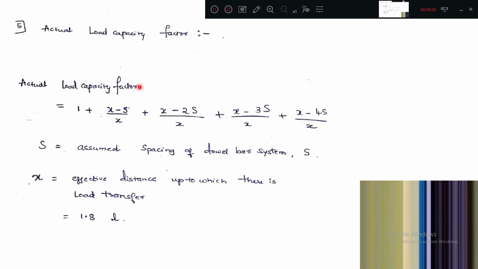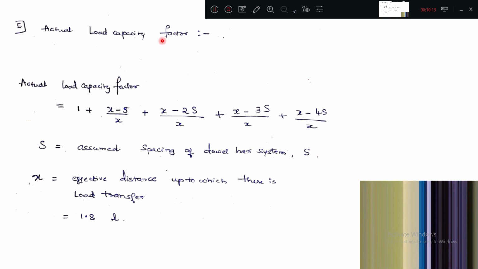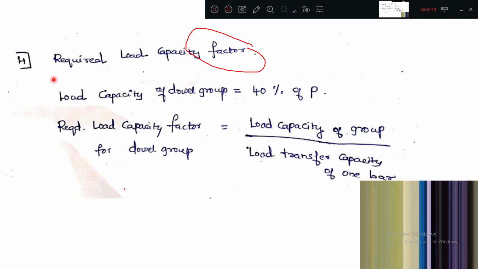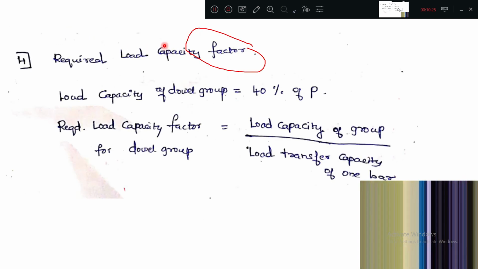That is step number 4. In this step you are calculating the actual load capacity factor. The required load capacity factor formula was the previous step. Now the actual should always be more than the required. You remember, the actual load capacity factor should always be more than the required.